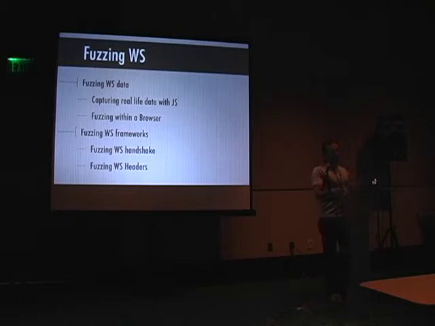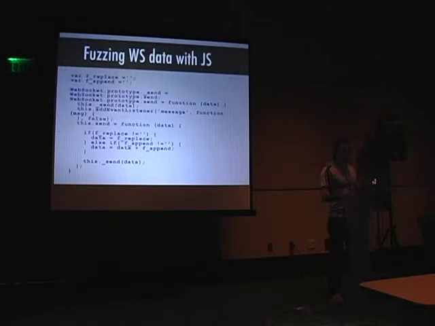That's one thing that we did. We also tried to fuzz some of the WebSocket server implementations. So this is what a JavaScript override would be, to be able to do whatever you want with WebSocket traffic on the client side.